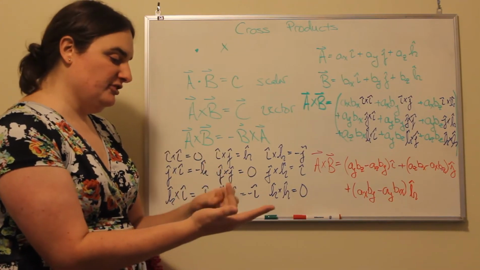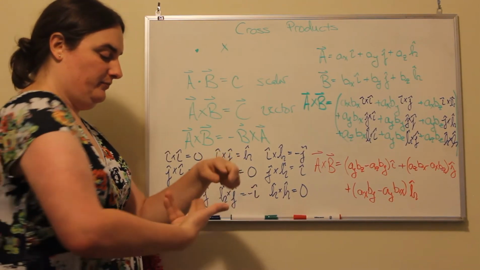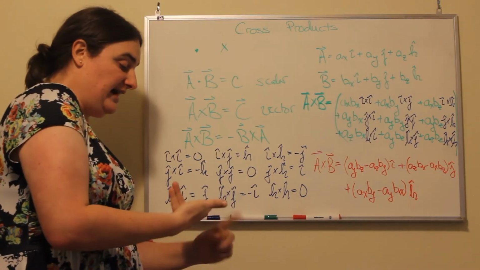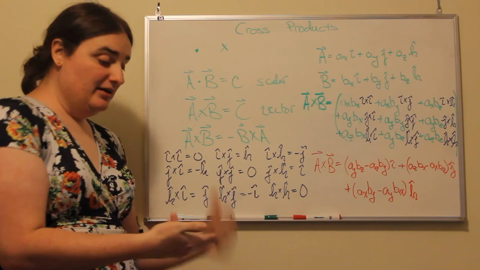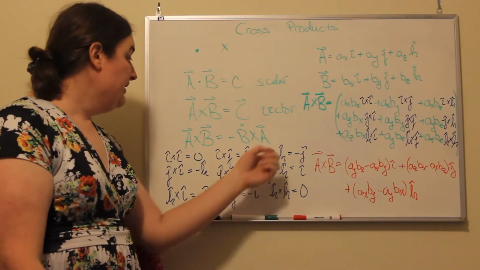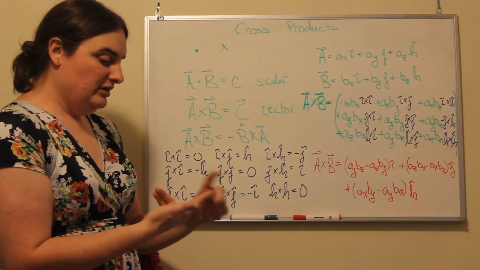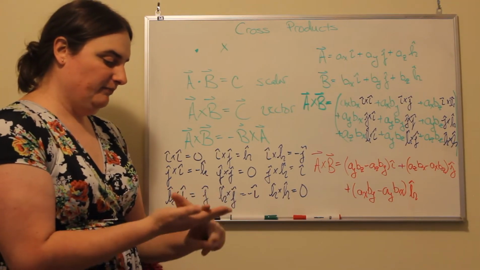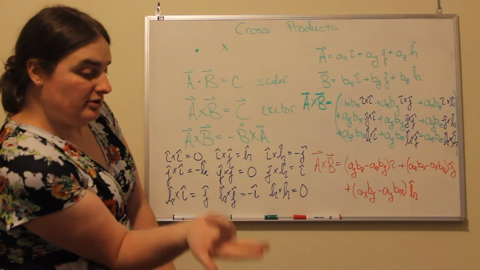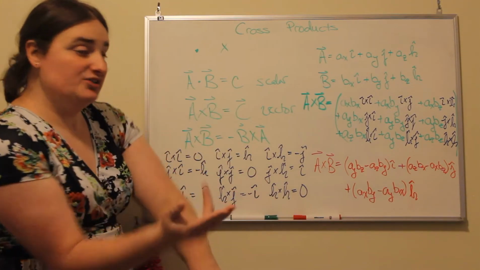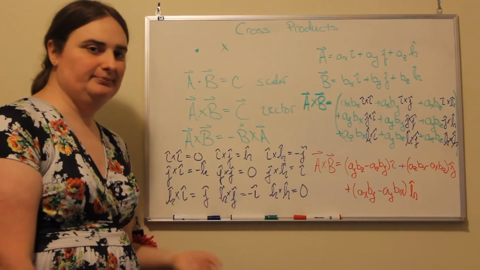So to do the reverse, I could say j cross i is minus k, going into the board. Now, if I have x cross z, I start with the x-axis, with the z-axis coming out of the board, and I get the minus y-axis, minus j.